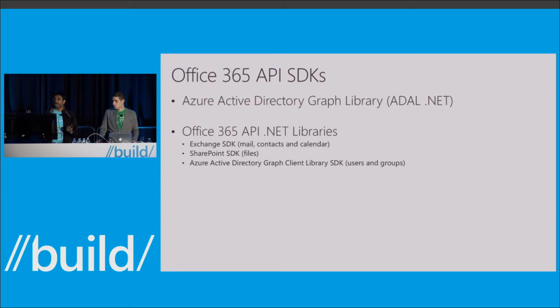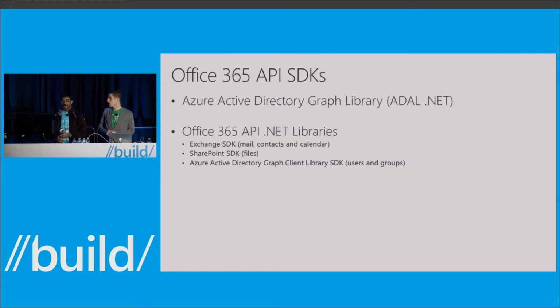You may have ADFS set up, or you may go directly to the Office 365 portal. The library supports all those mechanisms, and it makes it really easy to get authenticated and get the token. And then, of course, we have the API libraries, which are portable class libraries. That's the reason why it is so simple and easy to use in a Xamarin application.